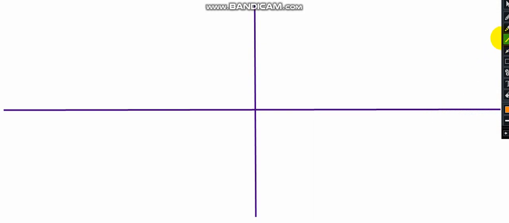So what you're seeing in front of you right now is what is called a coordinate system. A coordinate system has a y-axis and an x-axis, and on these axes you have certain points, and these points showcase how far you are away from the center point right here.